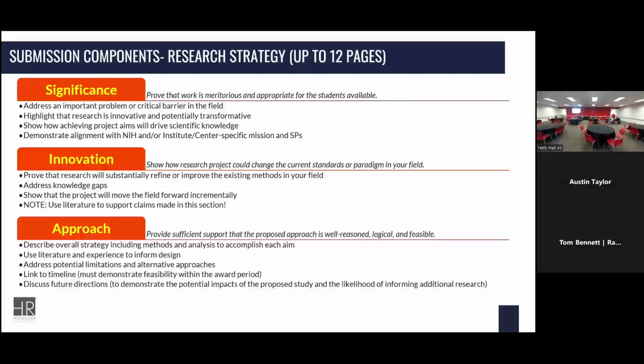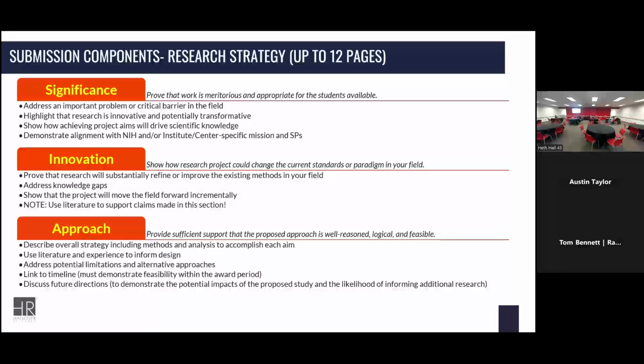Because yes, those things might have been gaps during the 1980s, but one might assume that there's been significant research done since then. So you want to demonstrate that those gaps are current and that your proposal is addressing current gaps. So utilize citations to support your claims. That's what they're looking for. And then make sure those citations are newer.